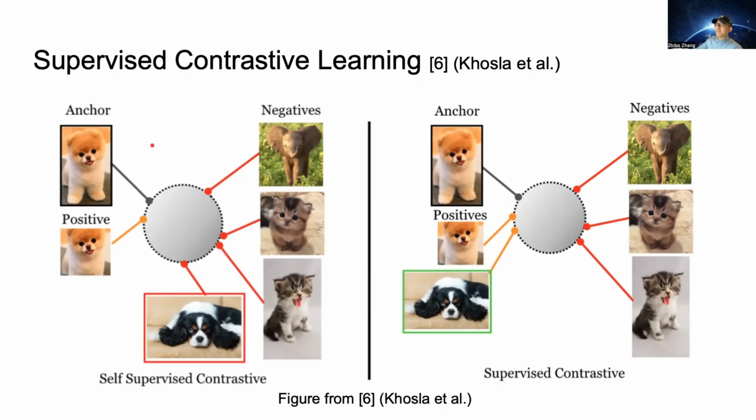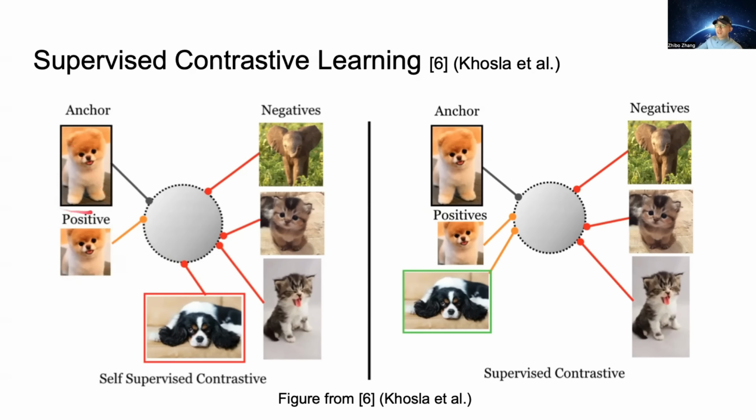So let's look at the two different approaches. Okay. So for self-supervised contrastive learning, let's review it a little bit. For any anchor image, the anchor is something that is being contrasted. Okay. So for example, for this dog image here, the positive example will be another transformation of the same dog image.